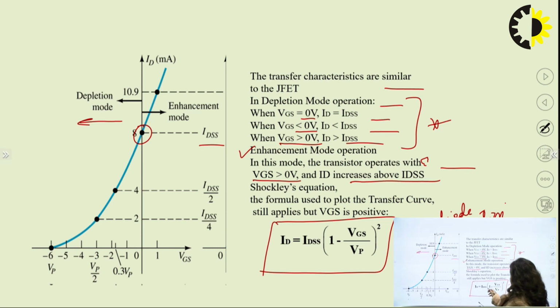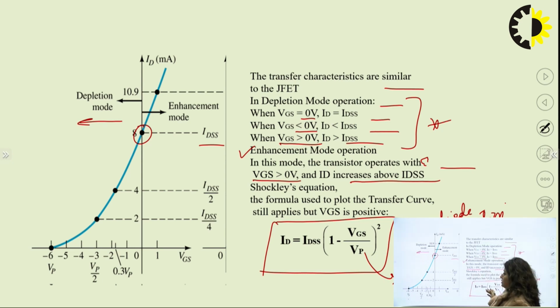So here ID is equal to IDSS times (1 minus VGS upon Vp) to the power of 2, where Vp is your pinch off voltage. By this formula we can easily calculate the value of the drain current ID, in terms of IDSS.